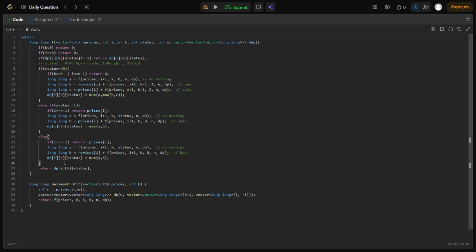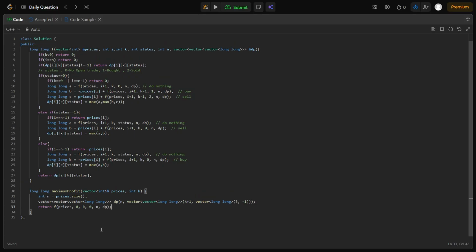So this is the first solution that I came up with, and here we just return the DP element which we got out of one of these three cases. And what we are returning in the final answer is our prices, where we are starting from I equal to 0, and we have k transactions in hand, and the status, of course, in the beginning is 0.